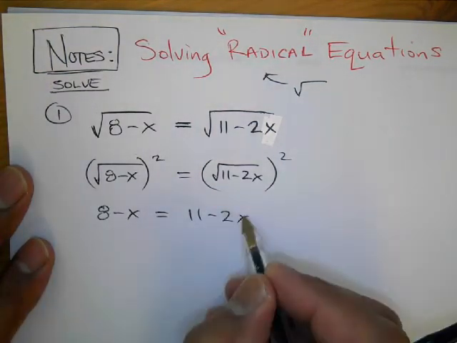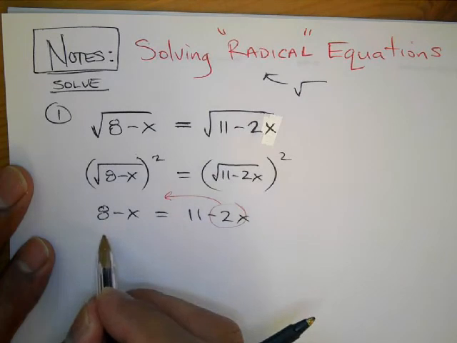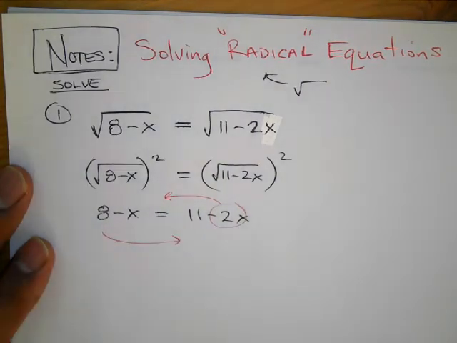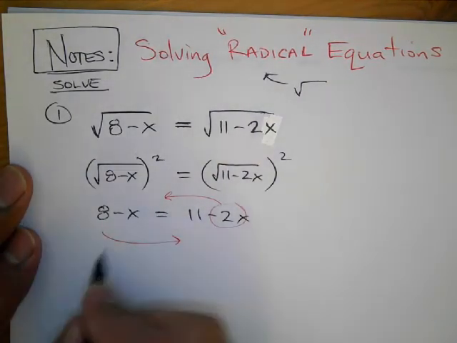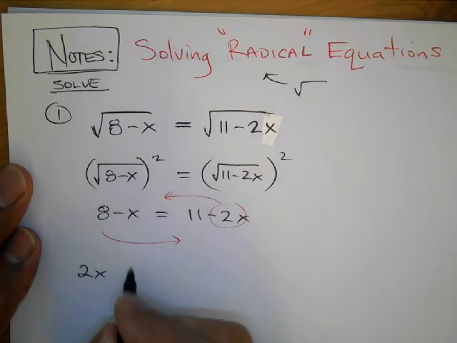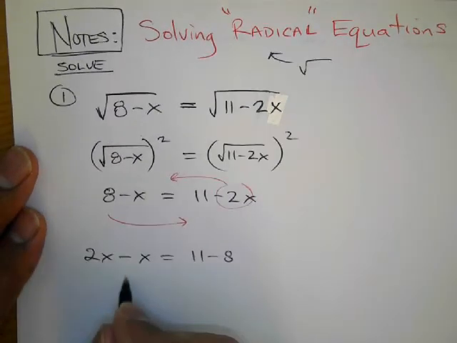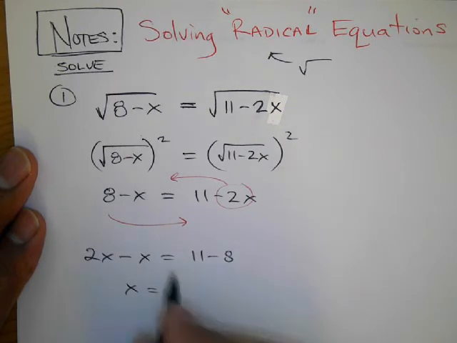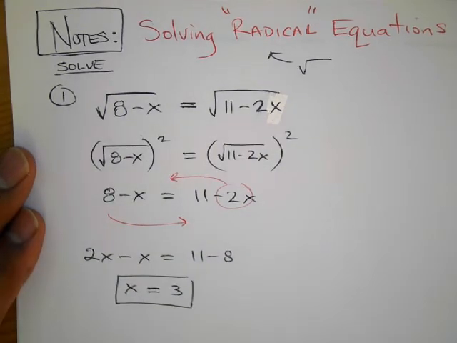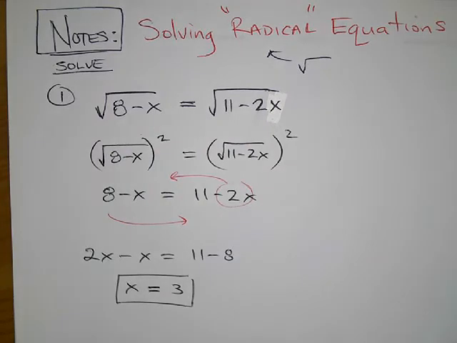So I'm going to move the 2x this way, all the variables on the left, all the numbers on the right. That'll give me 2x minus x equals 11 minus 8. x equals 3. Okay, well, that's the easy one.